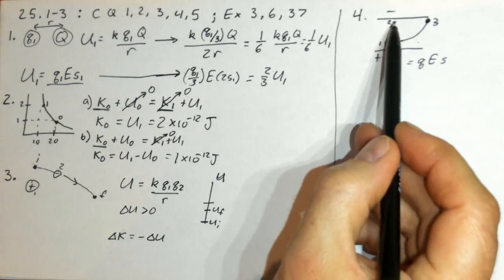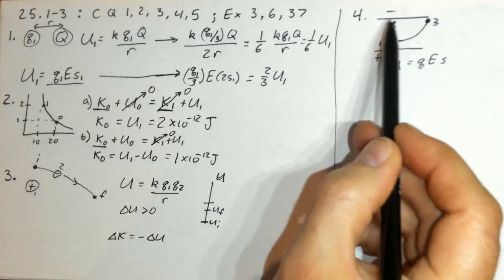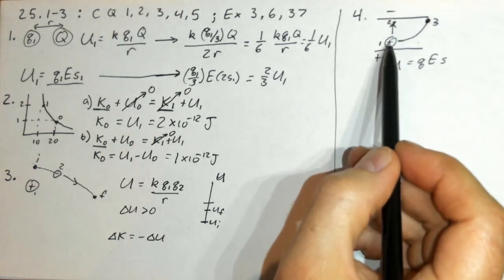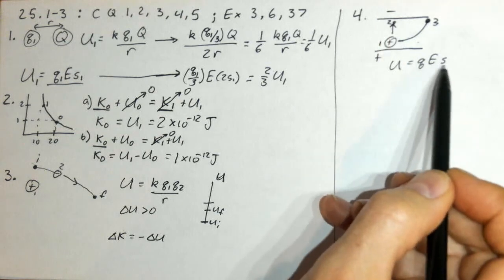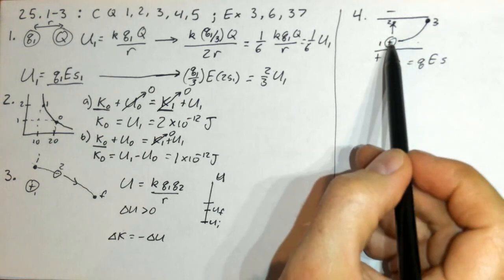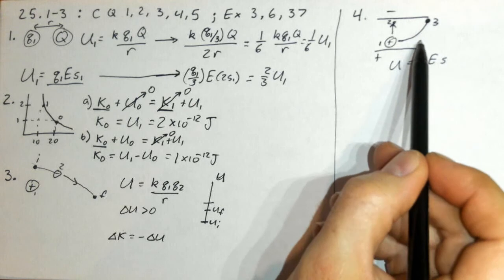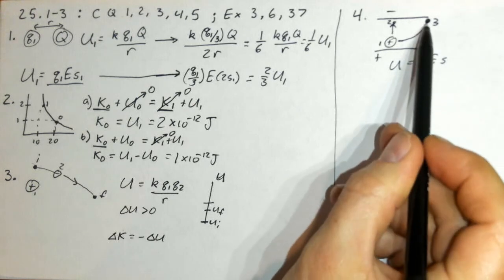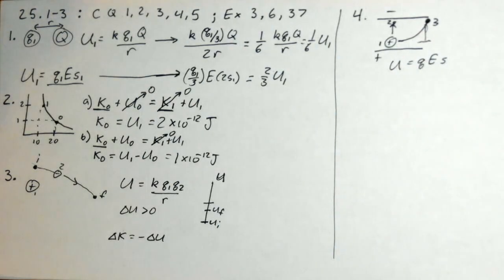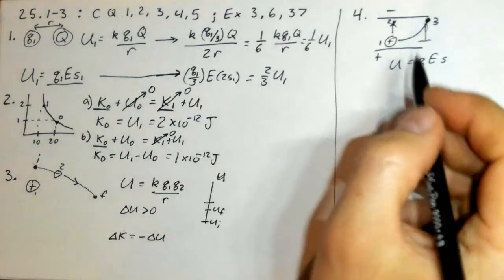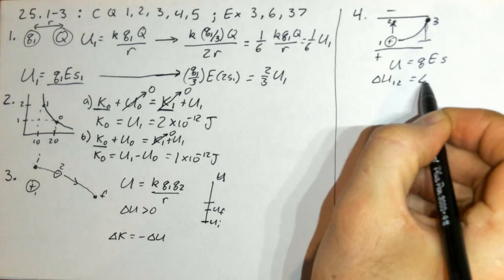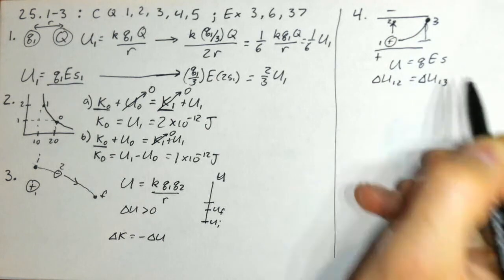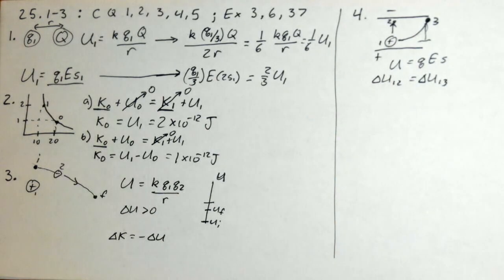Likewise, I can go from here to here, and there's no potential energy difference. Which means if I have some potential energy here, and I get to here, I get some change, because I had some change in S. But my change in S is the same amount, because S is only this much. It's only the distance across the plates. So that means that delta U 1 to 2 is equal to delta U 1 to 3.